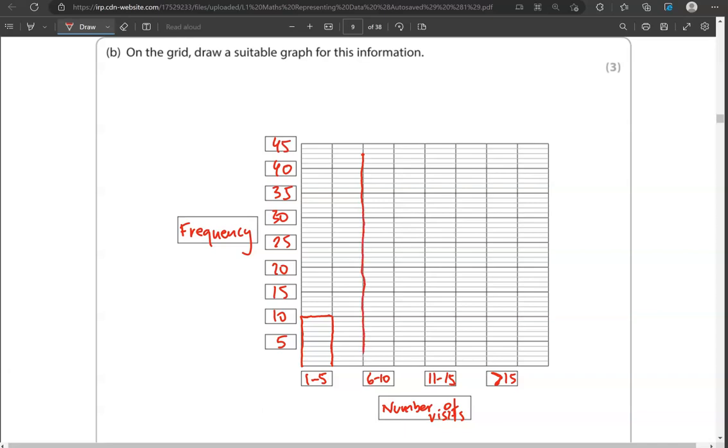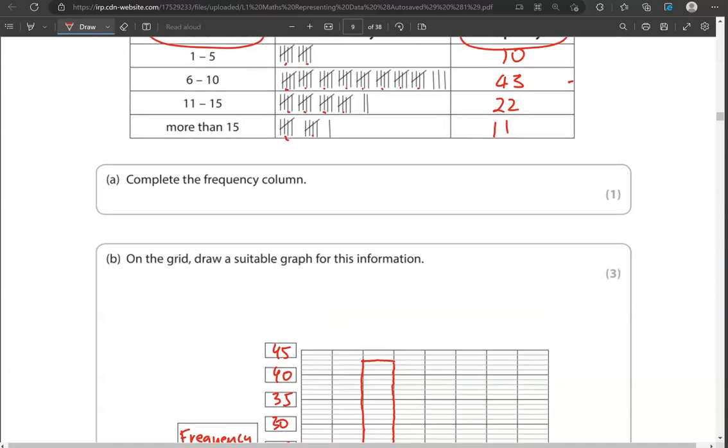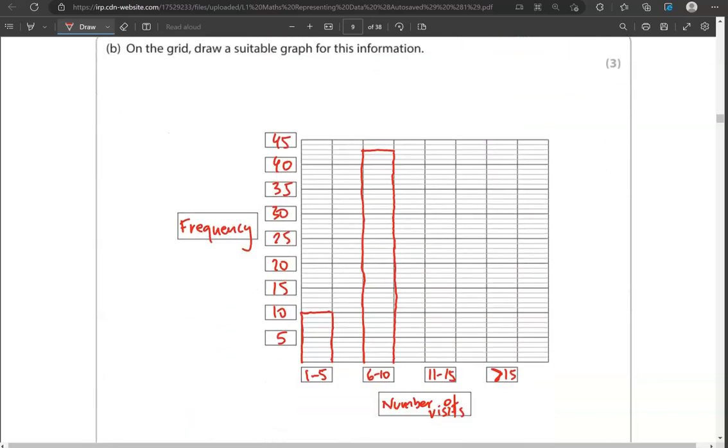You should use a ruler when you do this on paper. 11 to 15 we have 22, so there is 20, 21, 22.